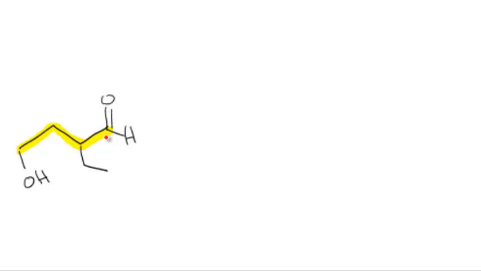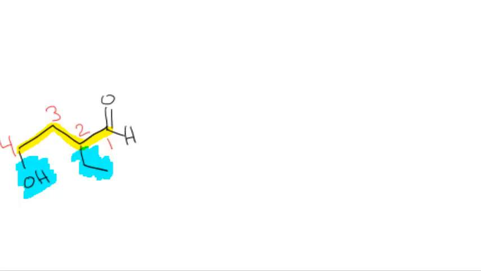Carbon 1, lowest possible carbon number goes on the carbonyl aldehyde. And we number out to carbon 4 where the hydroxy OH is located. Our two substituents are the hydroxy at carbon 4 and the ethyl group at carbon 2.